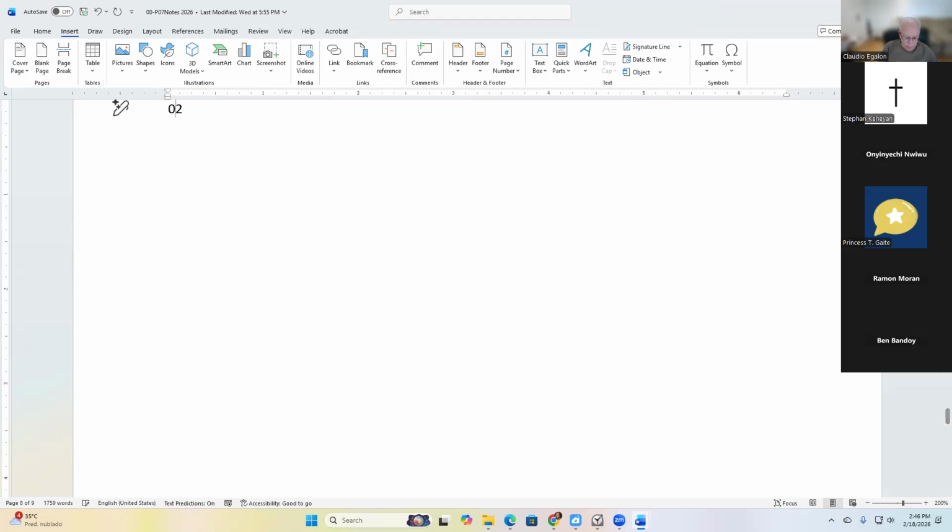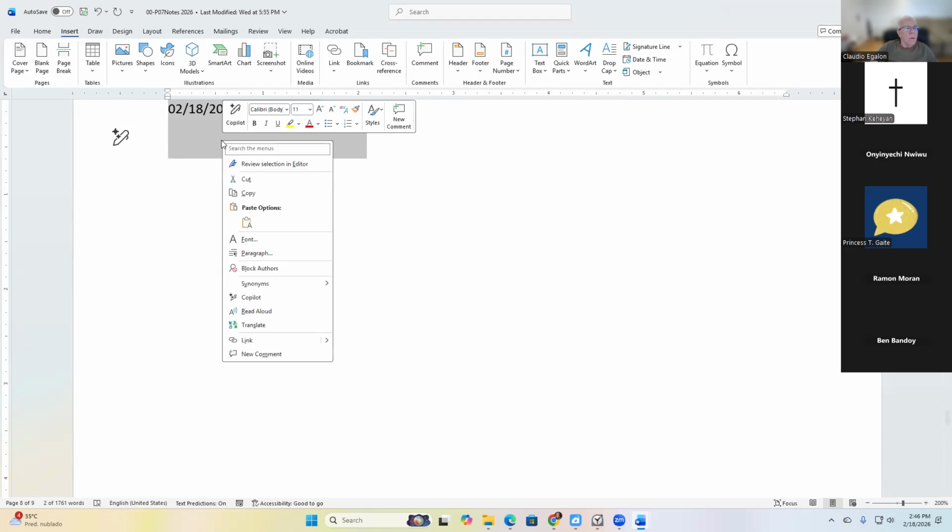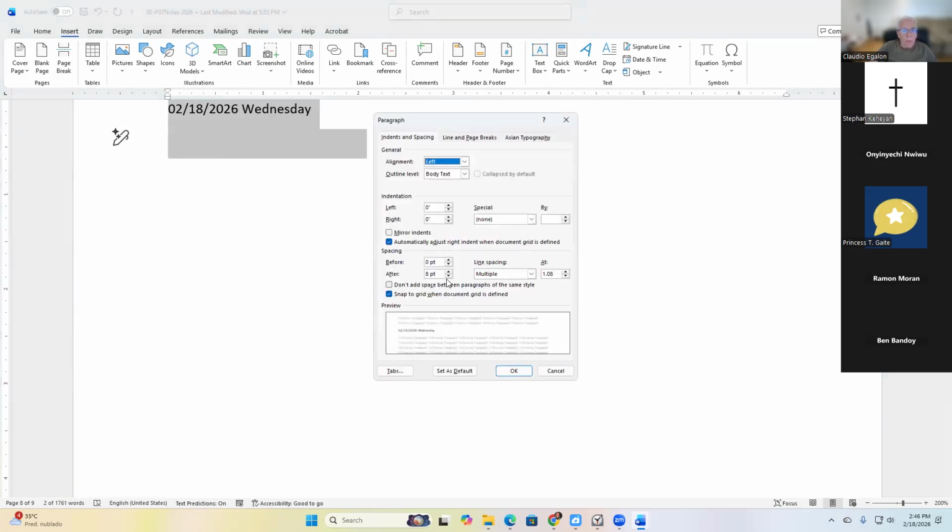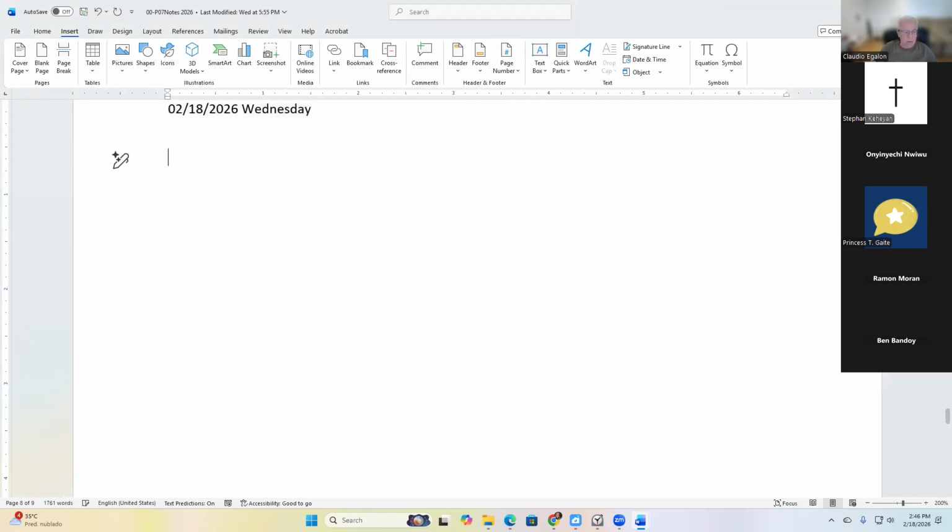Today is February 18th, 2026, Wednesday. I'm adjusting the paragraph here, and I'm going to read also the illustrations.